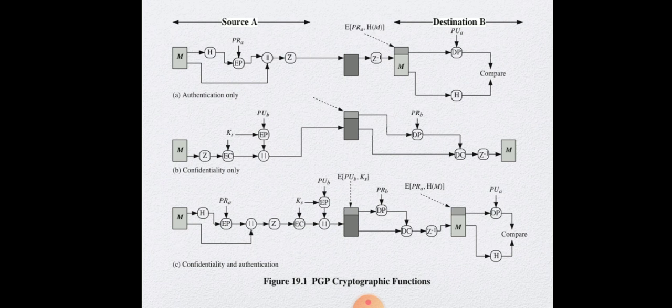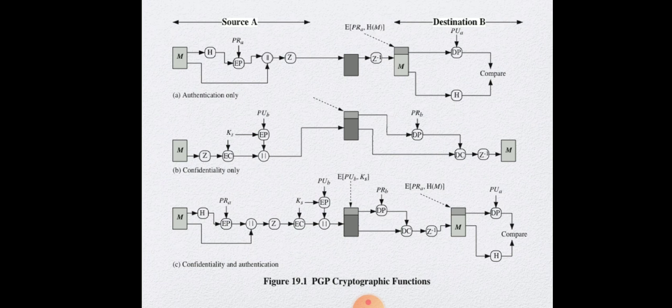At the receiver side, you can see they are first decrypting the session key. Look at DP. What is DP doing? DP is public key decryption. It uses the private key of the receiver and it decrypts the session key.